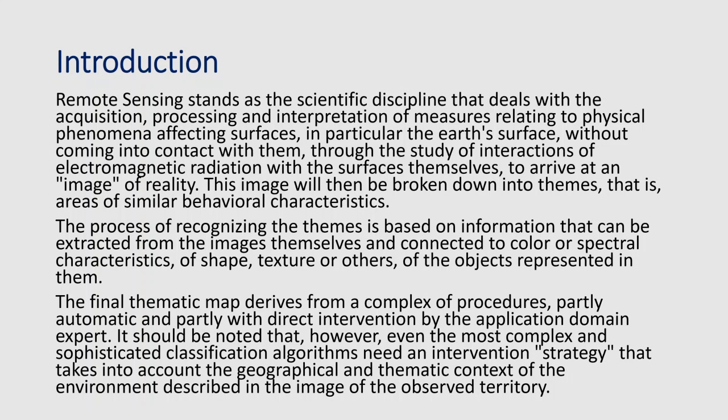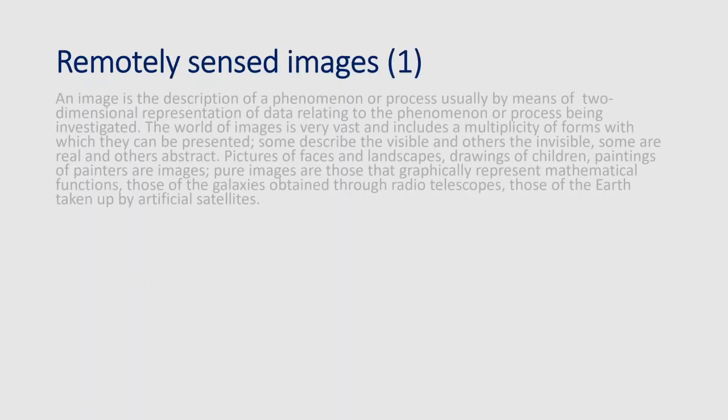So this is the general paradigm we are facing right now, and we are starting to fully understand which are the characteristics of the images that allow us to possibly extract information from data.